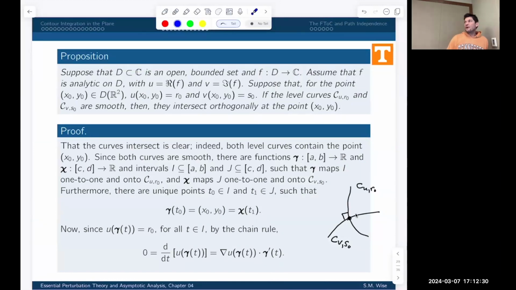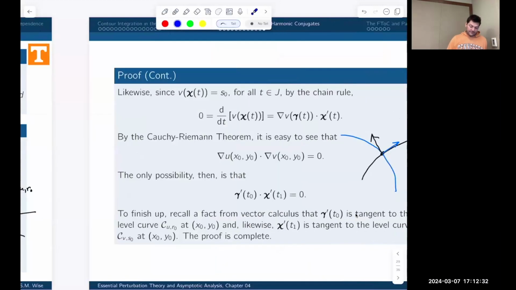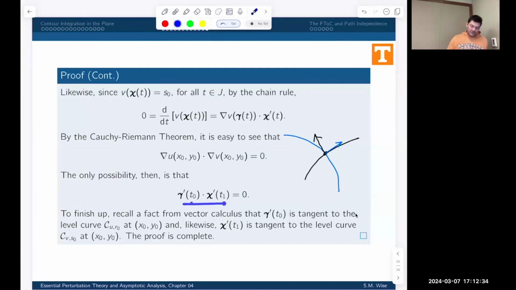There's no other alternative. So this is what I get. But then you remember the fact from calculus that the derivative of any parameterization gives you a tangent vector. And so the two tangent vectors are perpendicular, and so the level curves are orthogonal.